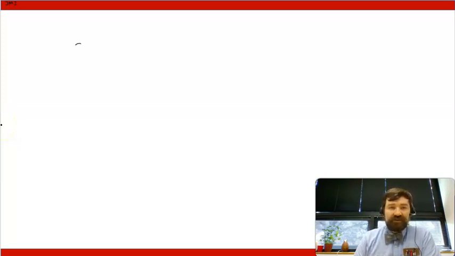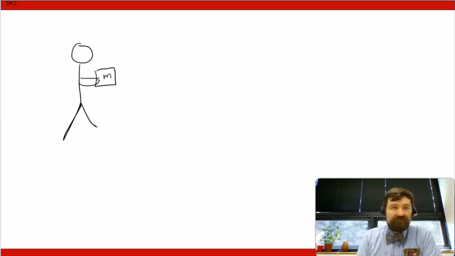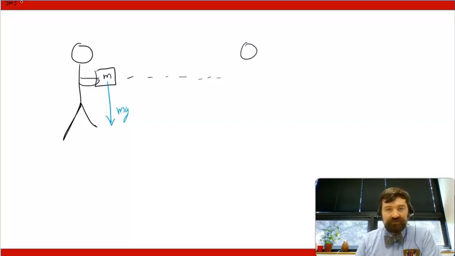Now let's consider another conceptual example. Let's say that I am carrying an object. So here's the object that's being carried. This object has mass m. Gravity is acting downward like this, m times g, and I am carrying the object over to here.